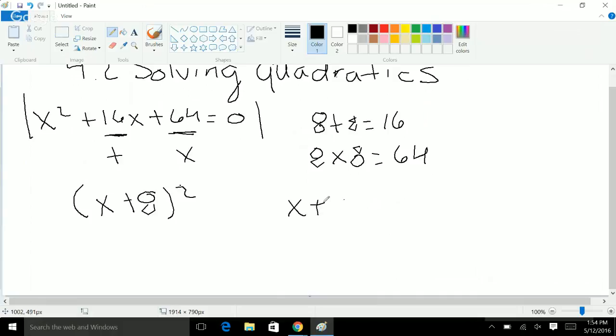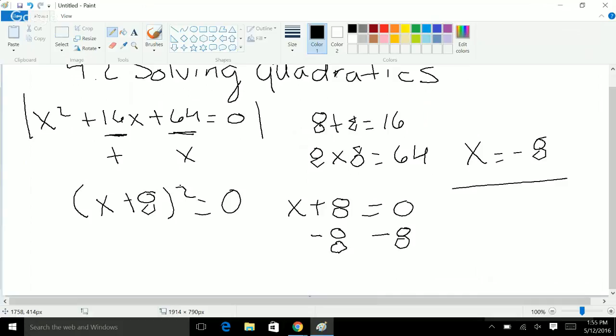So it's x plus 8, and we have to actually subtract the 8. First we have to set it equal to 0, so x plus 8 equals 0. So now we subtract 8 from both sides to get x by itself, which the solution would be x equals negative 8, since we subtracted from both sides. And that is the first solution for factoring.